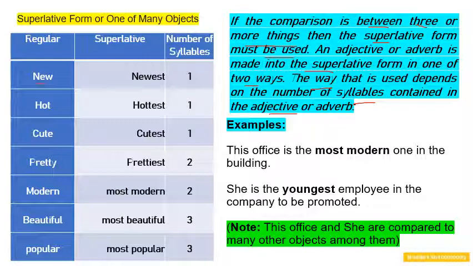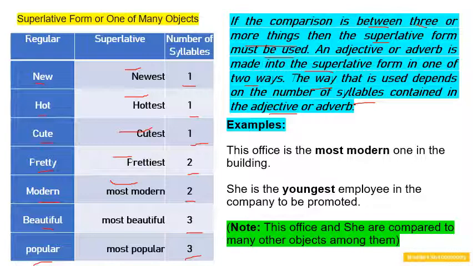Like new, hot, cute, pretty, modern, beautiful, popular, like the example before. Pretty is two syllables, modern is two, beautiful is three. What is the superlative? The newest, the hottest, one syllable, the cutest, one syllable, the prettiest, two syllables, the most modern, two syllables, but you need to know some specifications here.